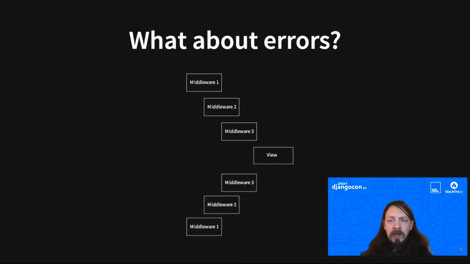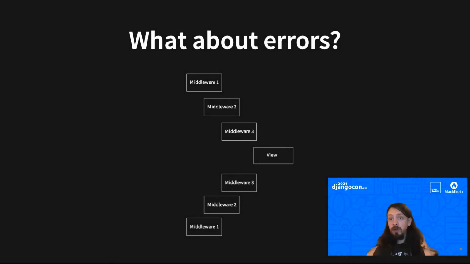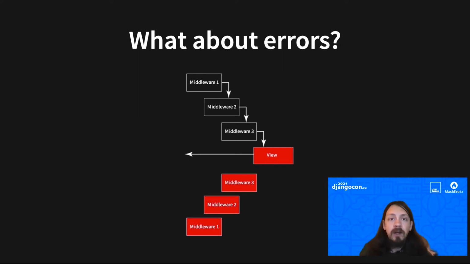But let's think about the implications of that for a bit. Supposing we've got a request and it's working its way through our middleware to our view where an exception occurs. The error gets picked up by convert exception to response, and a nice response is sent back. But notice none of the middleware was called on the way back. And this might be bad for several reasons.